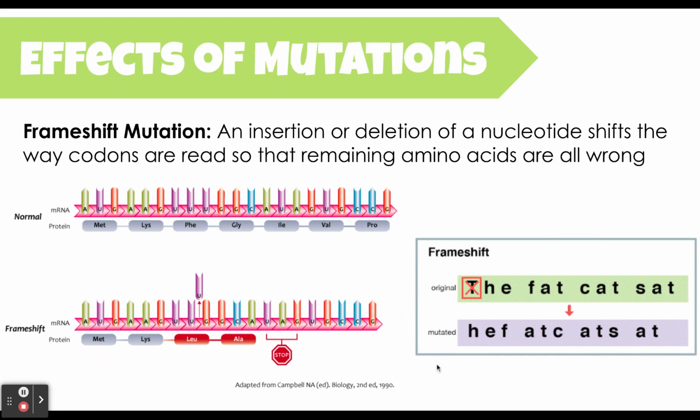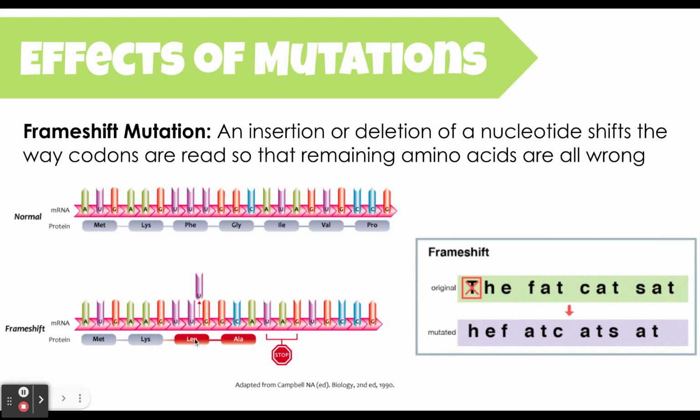And if we think about this and compare this to words in a sentence, let's say we delete one single letter in this sentence. So we have the sentence, the fat cat sat. All the words are 3 letters long. Well, if we deleted the T and moved every letter over one spot, keeping 3 letters per word, this now becomes gibberish.